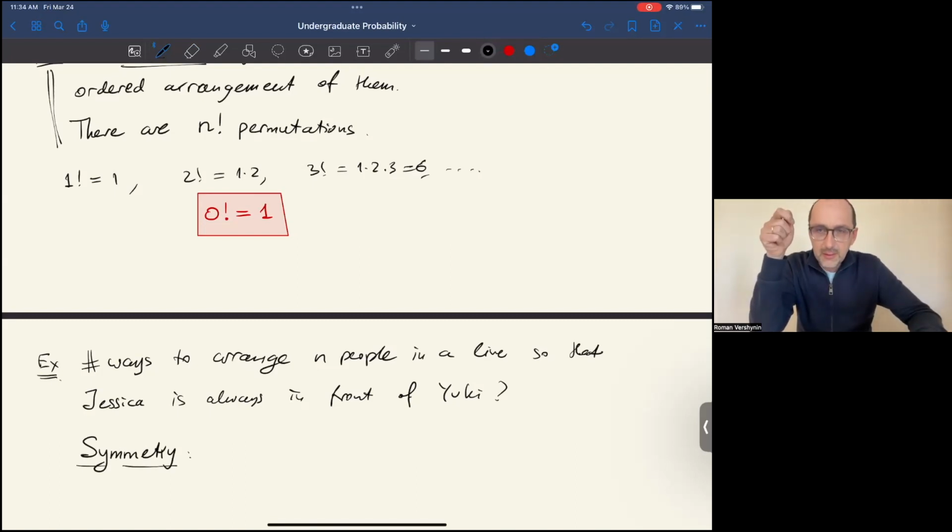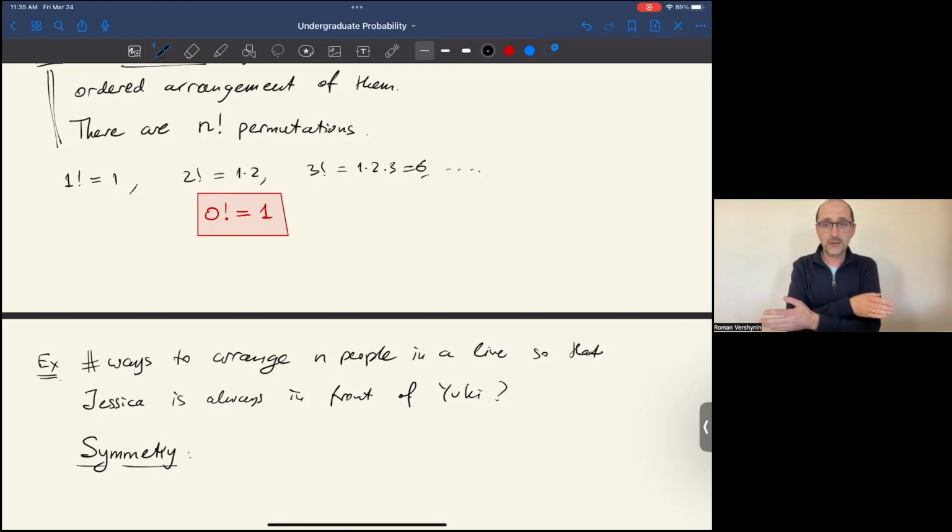Either Jessica is in front of Yuki in any arrangement, in any line, or Yuki is in front of Jessica. However the line is formed, in any of the n factorial possible ways to form a line, either one happens, Jessica in front, or the other happens, Yuki is in front. Nothing else can happen. Yes?